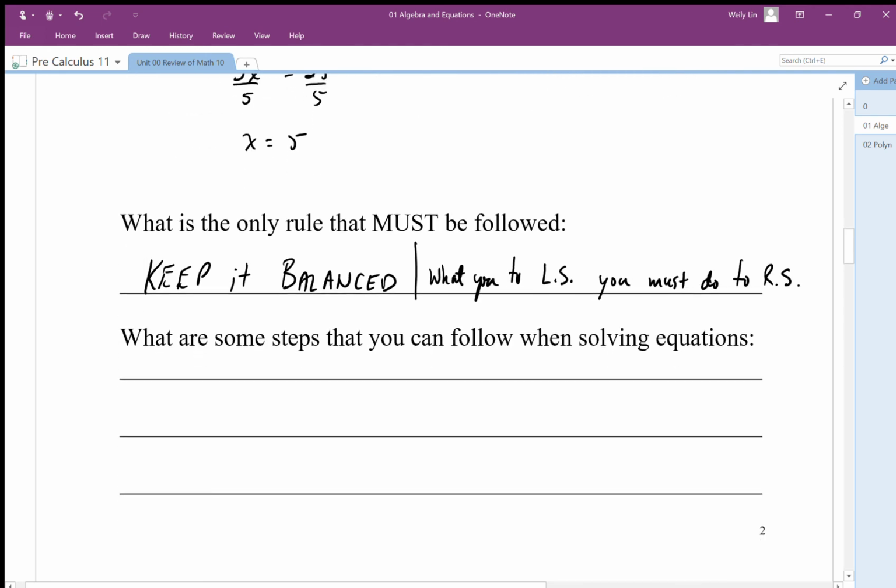Now that's the only rule. Some steps that you could follow: try to get rid of brackets. Removing brackets is an easy way to keep track of and account for your terms. It's always good to combine like terms.